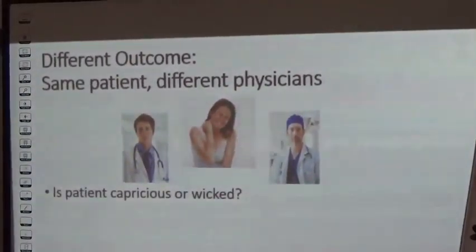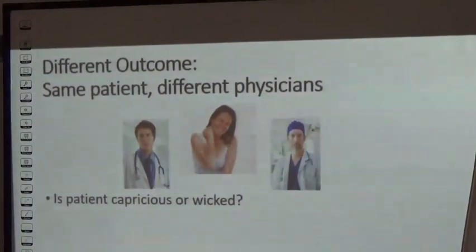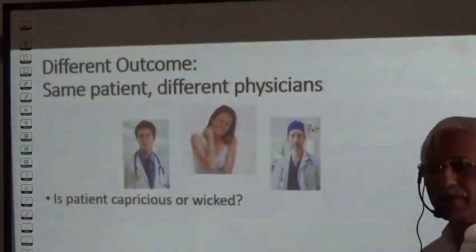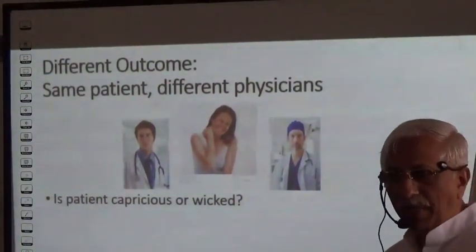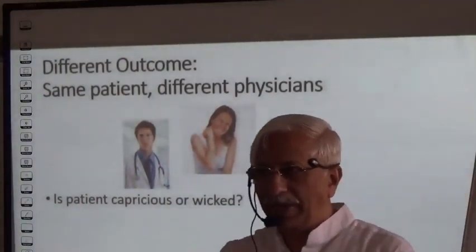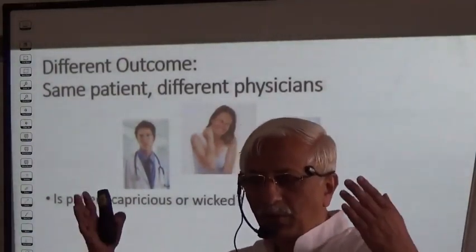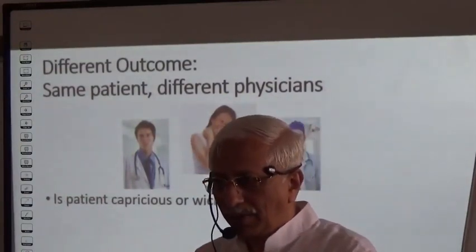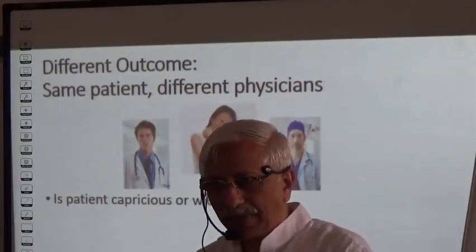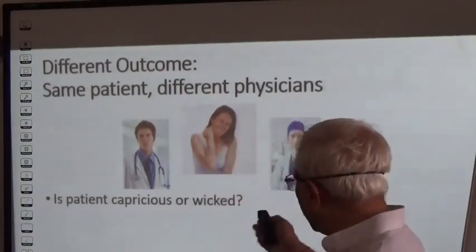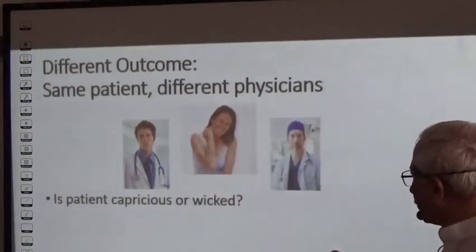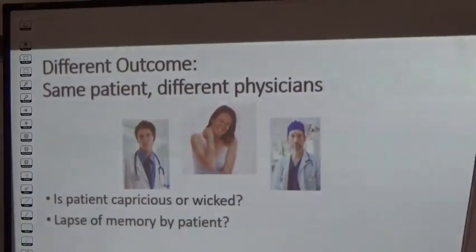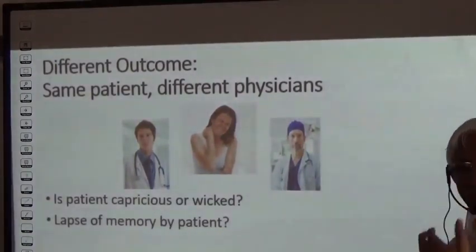So is the patient capricious or wicked? Is the patient giving us wrong information? Two people in the same family give different views. Are they wicked or capricious, or is it a lapse of memory on the part of the patient?